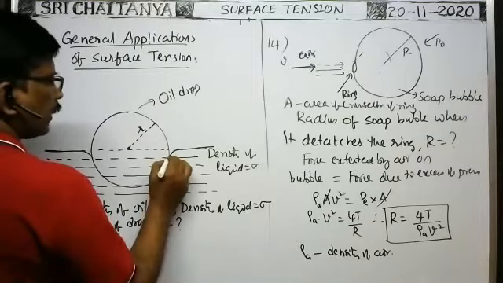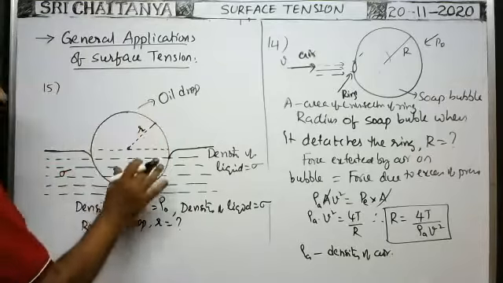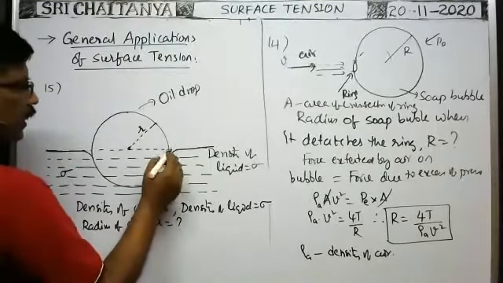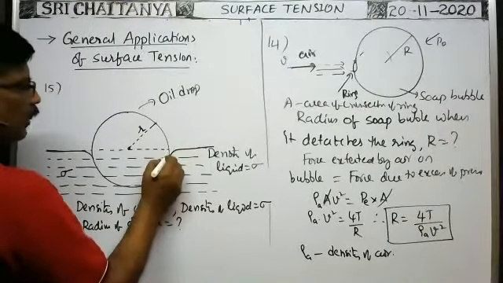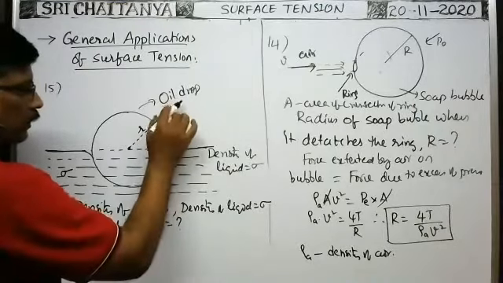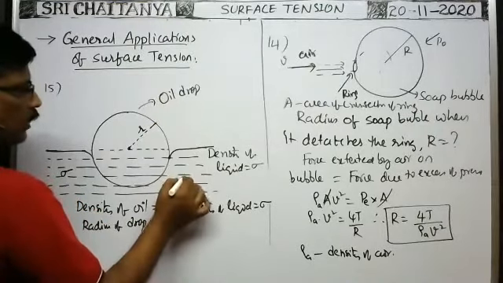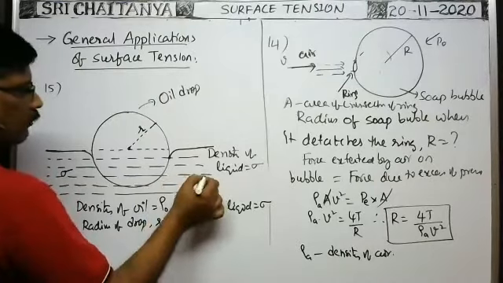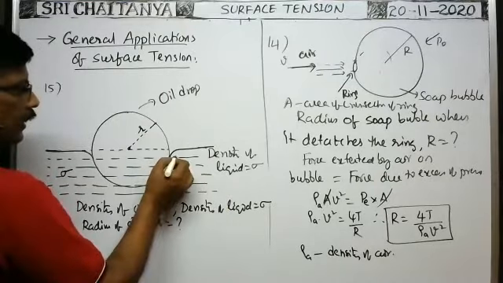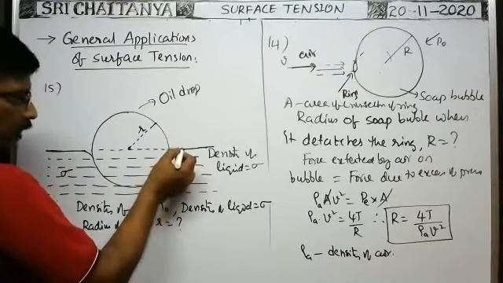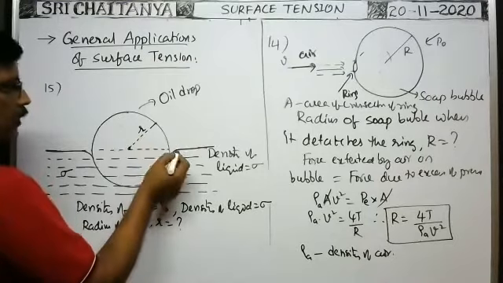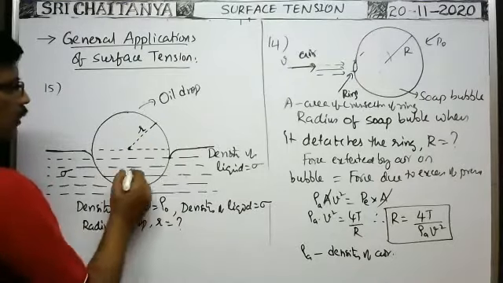At the point of contact, whenever a body is floating over the surface of a liquid, the surface of the liquid is convex like this. So at the point of contact between the oil drop and the water, the angle of contact is greater than 90. That's why the surface of the liquid in contact with the oil drop has a convex shape.